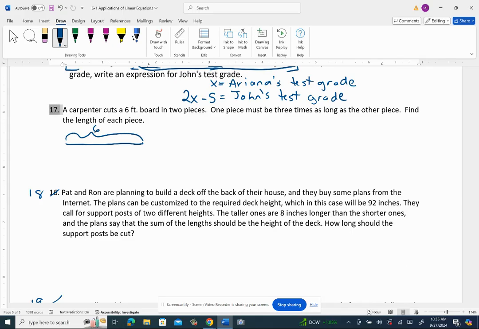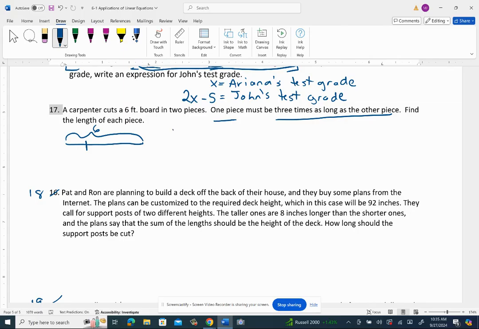So the board is 6 feet long, and we're going to cut it into 2 pieces, but it didn't say 2 equal pieces. In fact, we know they can't be equal because one piece is going to be 3 times as long as the other piece. So one piece has to be longer, right? So just cut your board, just draw a mark that's not halfway, but off to one side.